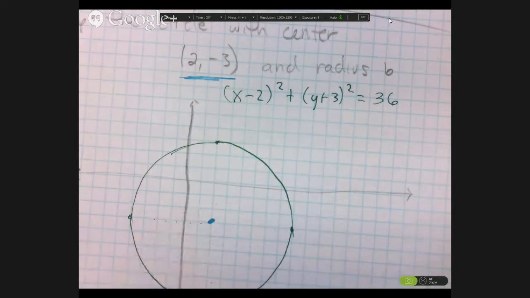Yes. Okay, so the radius is the square root of 36. Yep. And what's the center? No. 2, -3. There is the tricky part of the equation. It's the opposites. 2, -3 is the center. Be careful. Is that all you need? Yeah, that's all I'm going to do today.